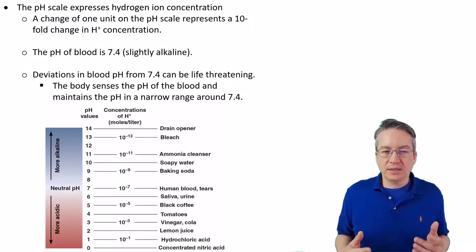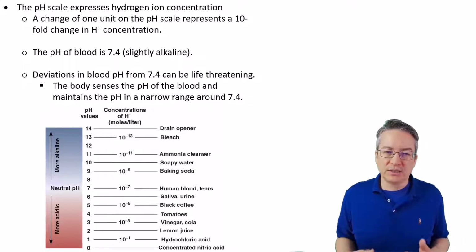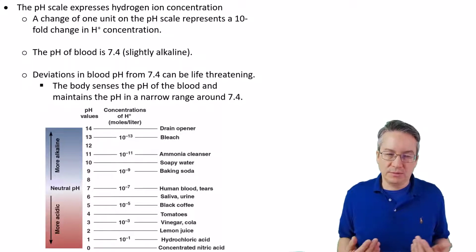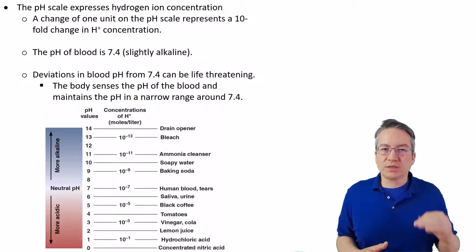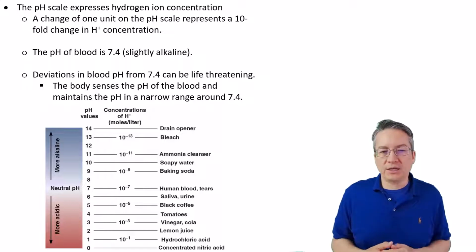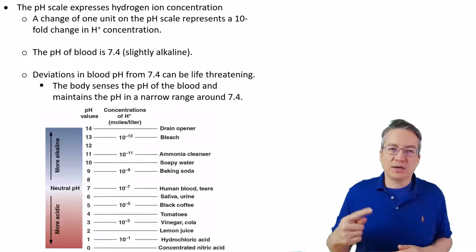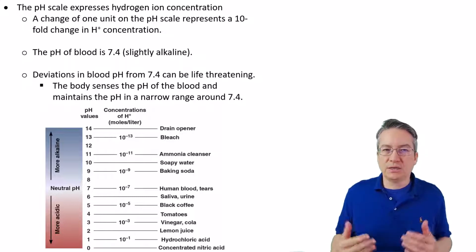Now, let's compare this to saliva. Saliva has a pH of 6. That corresponds to a hydrogen ion concentration of 10 to the minus 6 moles per liter. So as we go from 7 to 6, we're going 1 unit on the pH scale, but the hydrogen ion concentration actually changes 10-fold.